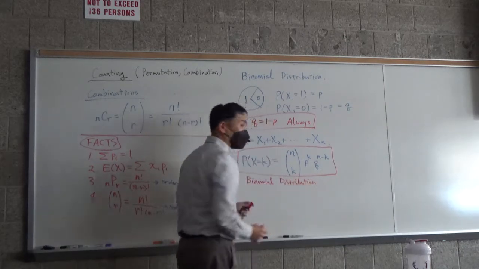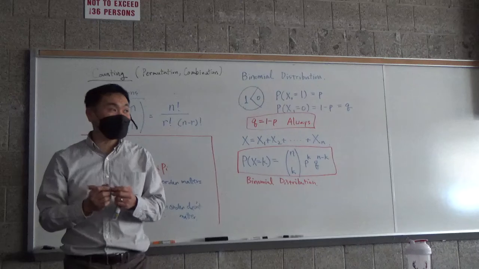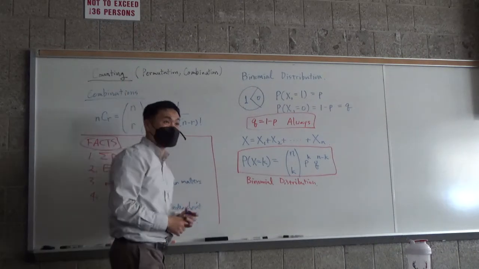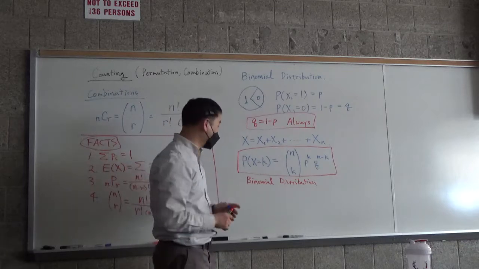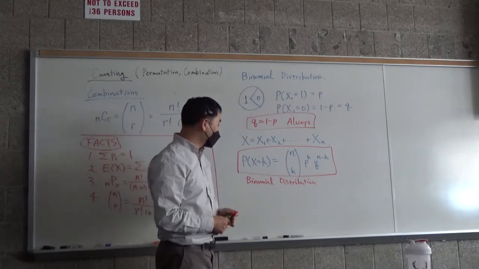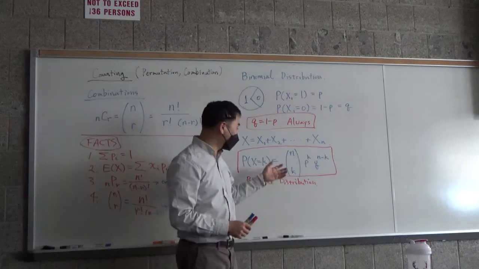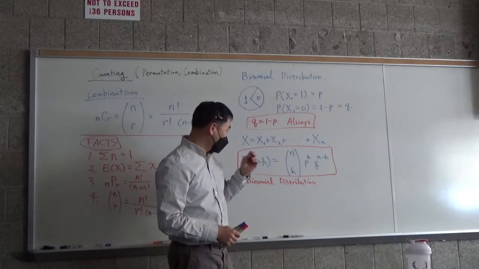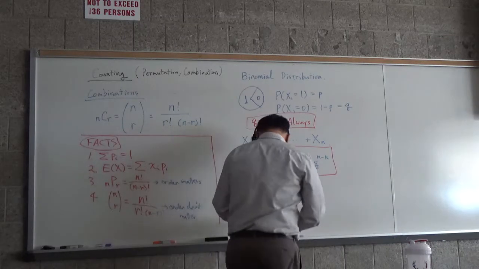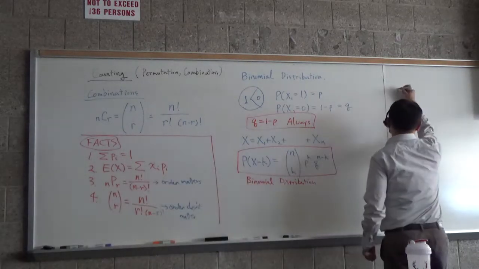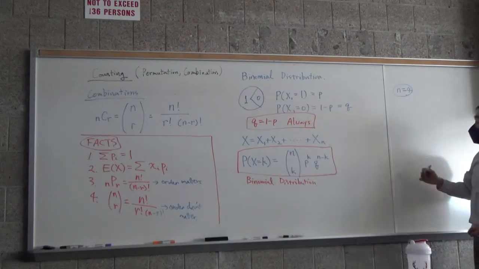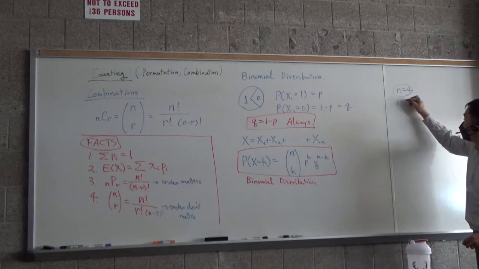You know, binary numbers are numbers that have only 1s and 0s. You've heard about that, right? In computers, they work with binary numbers. Here it's like either 1 or 0. So let's think about this for a minute and see why this is true. First, if n is 4, and let's say k is 2.